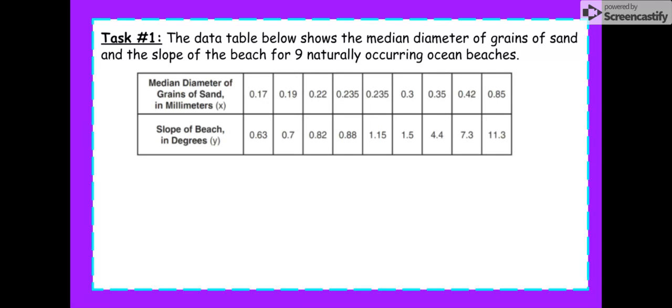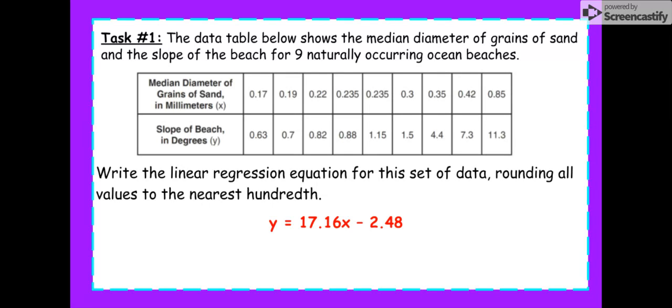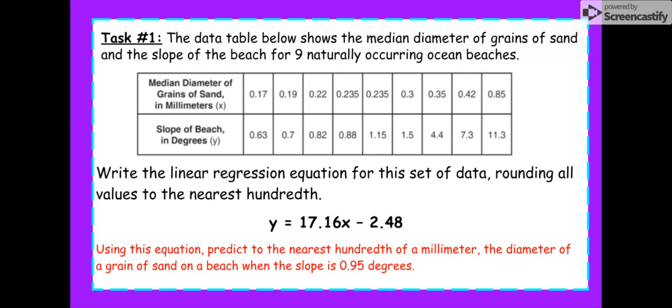It says to write a linear regression equation for this set of data, and we ended up with y equals 17.16x minus 2.48. Now, using this equation, we want to predict, to the nearest hundredth of a millimeter, the diameter of a grain of sand on a beach with a slope of 0.95 degrees.